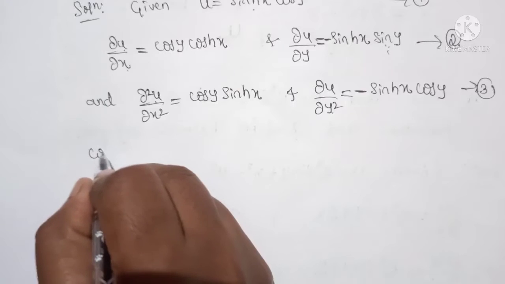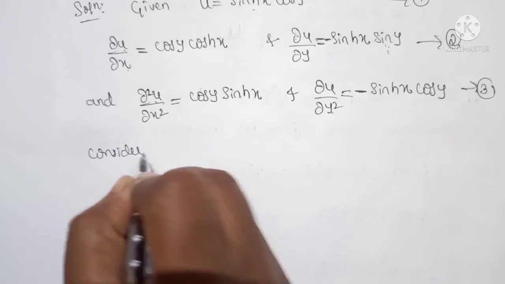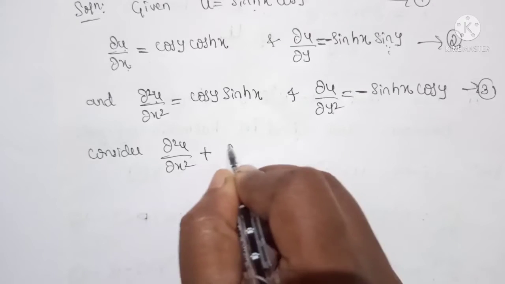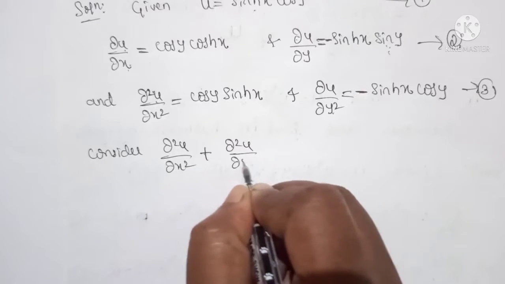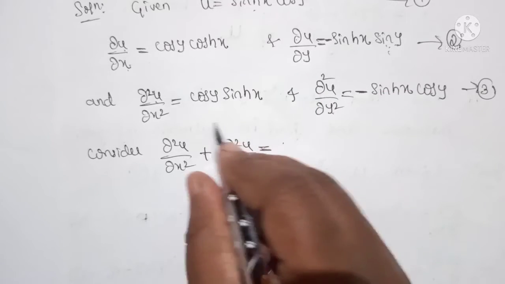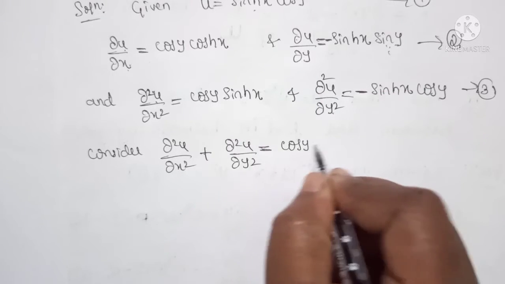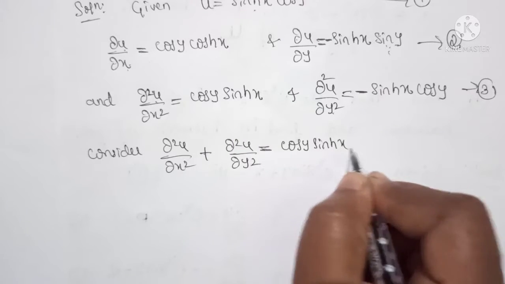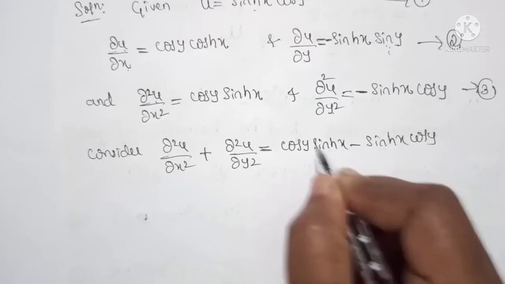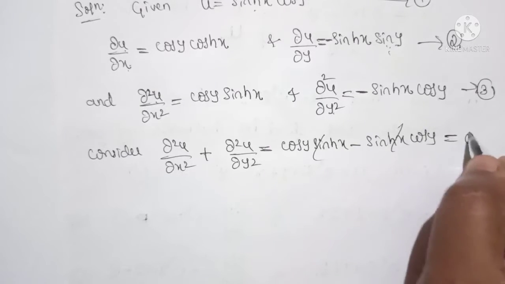Now consider ∂²u/∂x² plus ∂²u/∂y². Substituting values, we get cos y sinh x minus sinh x cos y. These two cancel, and we get equals to 0.